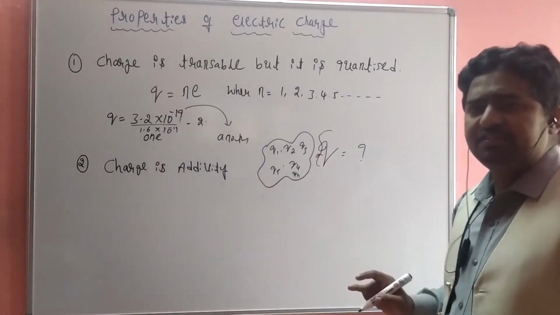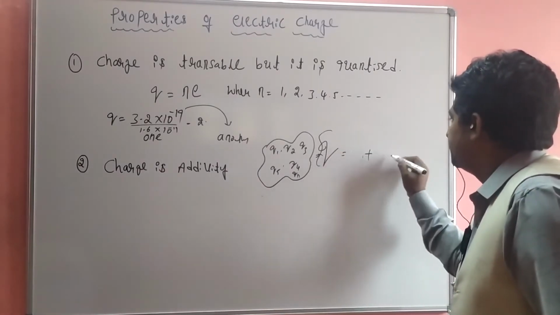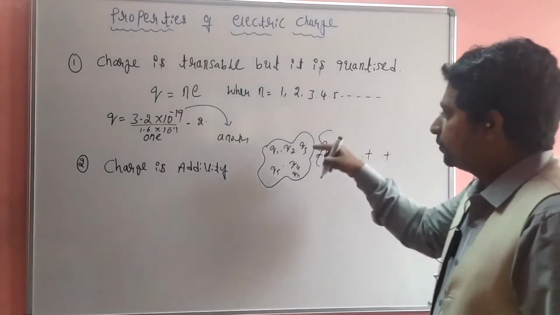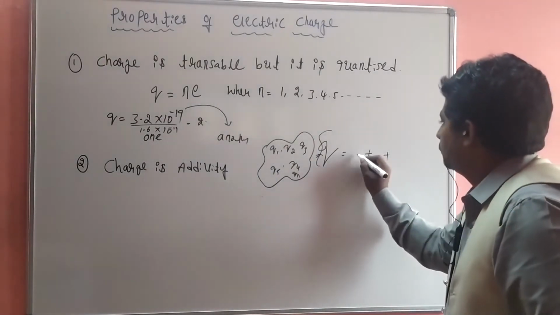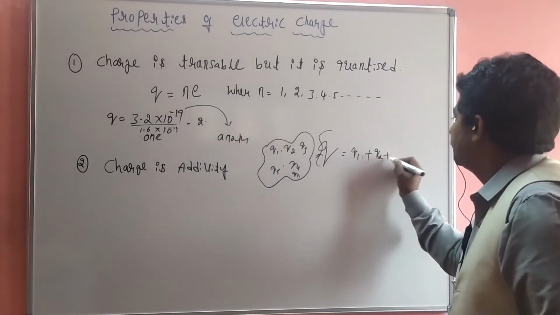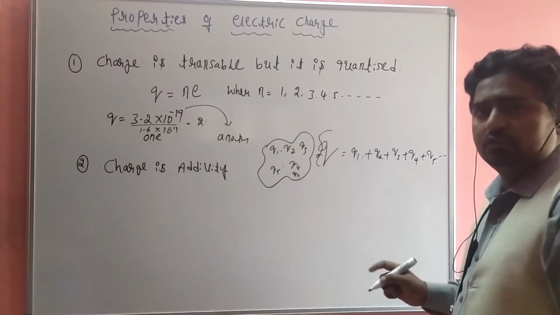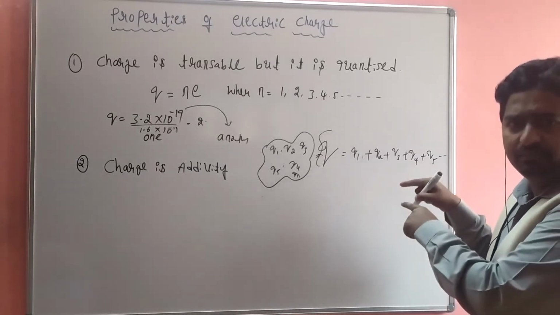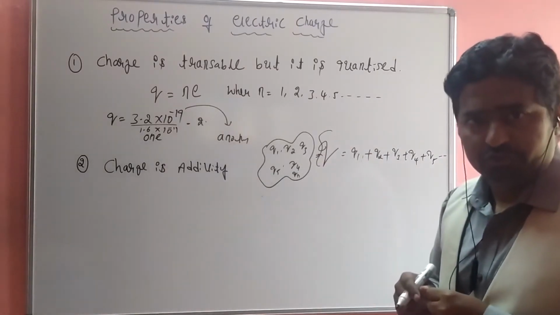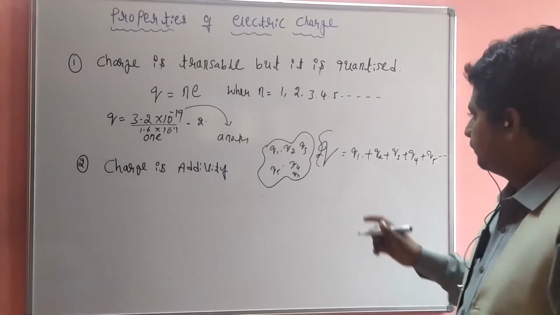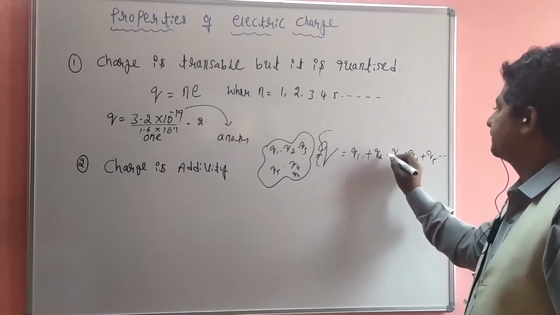The total charge is equal to the algebraic sum of the individual charges present anywhere on the system: Q1 plus Q2 plus Q3 plus Q4 plus Q5. Why algebraic sum? Because you have to consider both positive and negative charges. For example, if Q3 is negative, you put a minus sign.